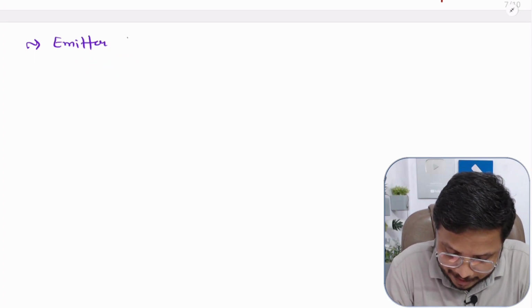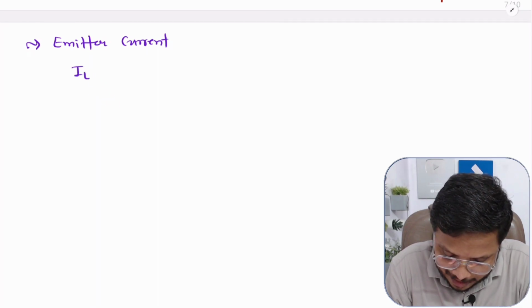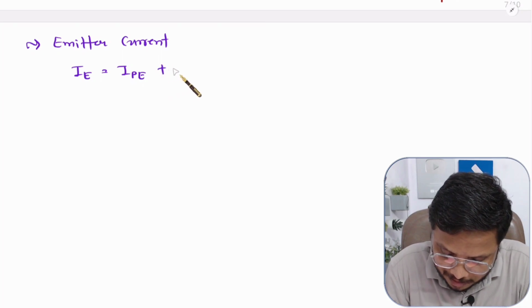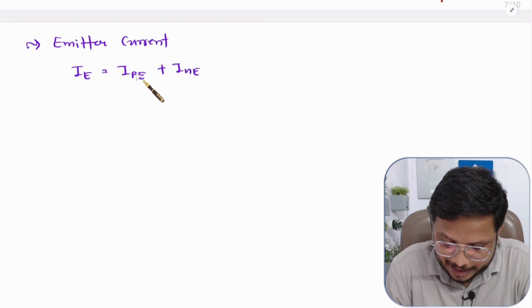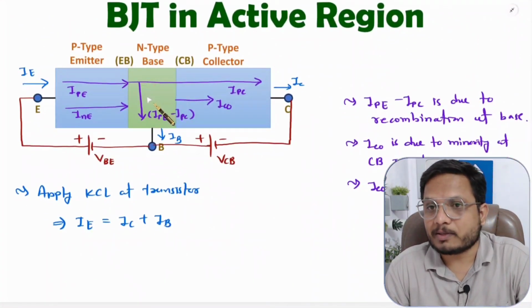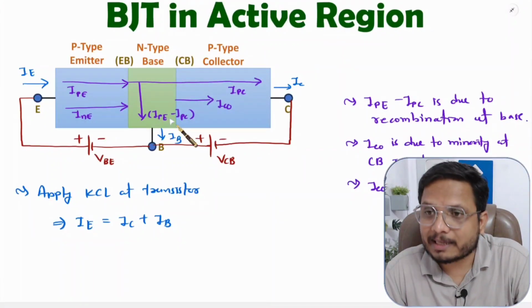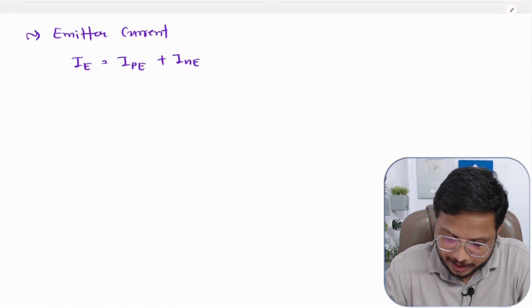The emitter current IE is IPE plus INE, right? Now if you talk about base current, the base current is flowing due to recombination. So that is IPE minus IPC. So let me note it down.